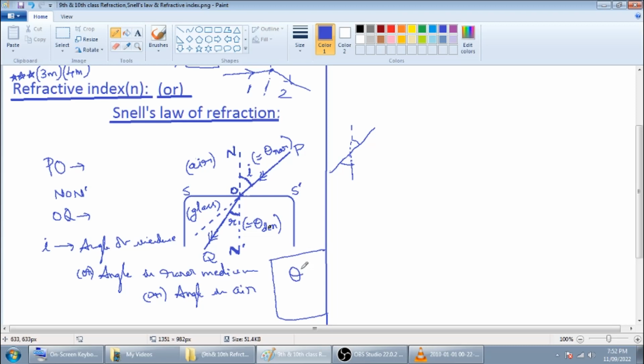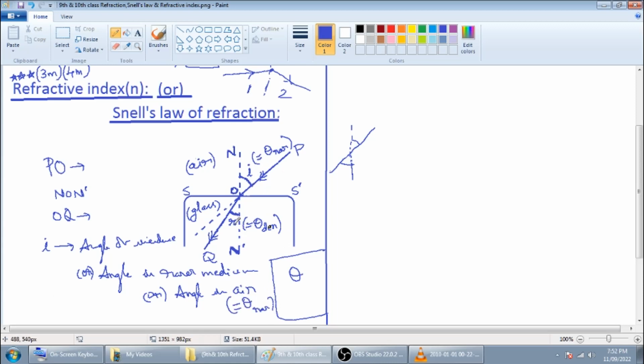You have learnt in geometry that a right angle is 90 degrees, and lesser than 90 degrees is 45 degrees, 50 degrees. These are different values of the angles. Whatever be the value, the general symbol commonly used for angle is theta. Because this angle is the angle in the rarer medium, it is also denoted as theta rarer.